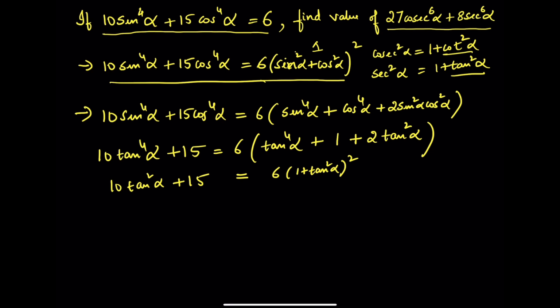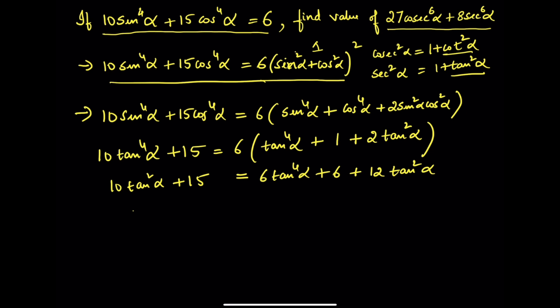Now let's solve this equation. What would we get? So I'm just explaining it here. So let's ignore this part for now. So this will be 6 times tan to the power of 4 alpha plus 6 plus 12 tan square alpha.